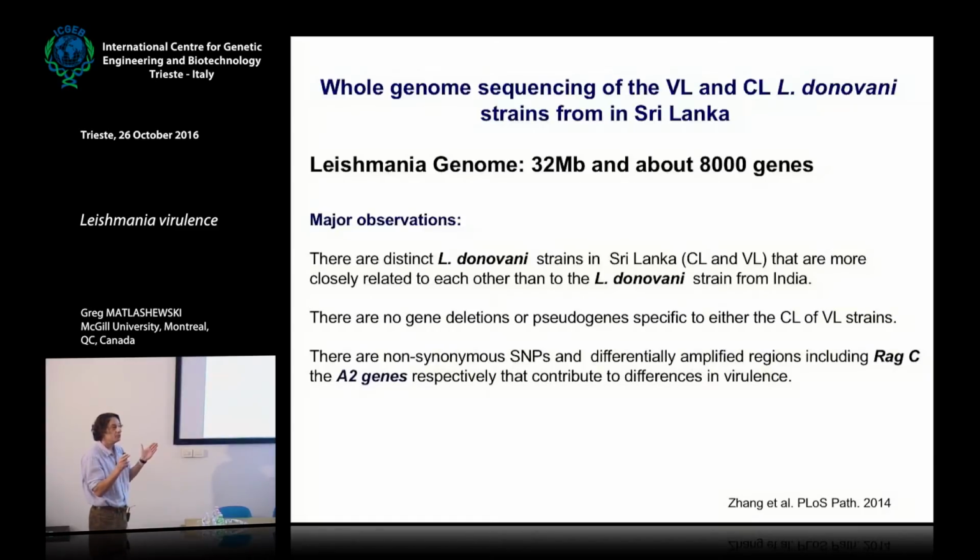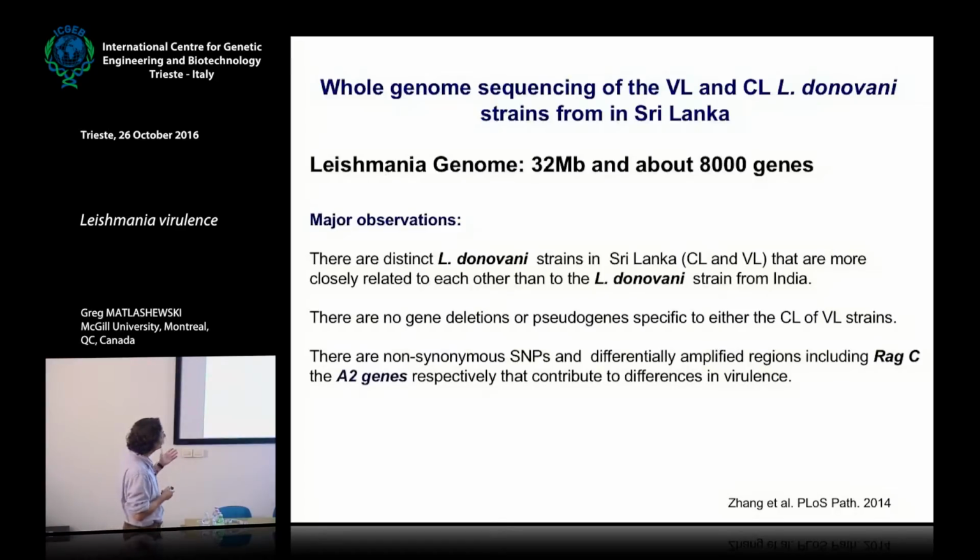Most of the differences are at the level of single nucleotide polymorphisms. There were no real pseudogenes that we could identify, although maybe we need to go back and look a little more carefully. We have better tools now. The tools have gotten better even since 2014, and we're starting to do that. But there was nothing obvious by sequencing the genome at that time.